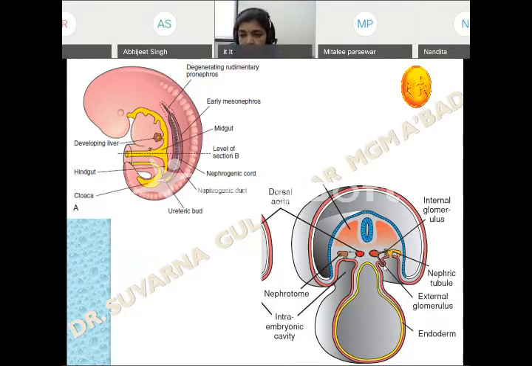The external glomerulus opens into the intraembryonic coelom, while the internal glomerulus opens into the nephric duct. So these pronephric tubules open into the nephric duct. These pronephros are non-functional. It is functional in which primitive animals? Which primitive animals?